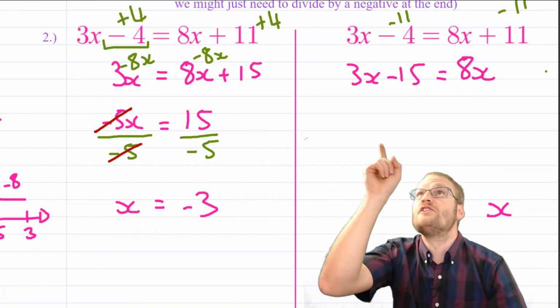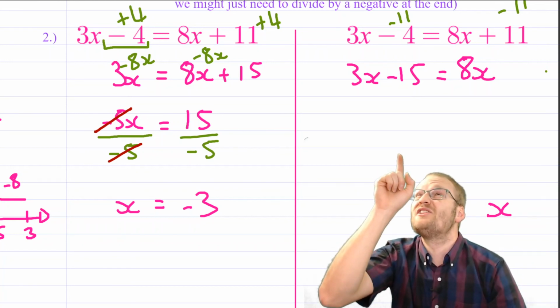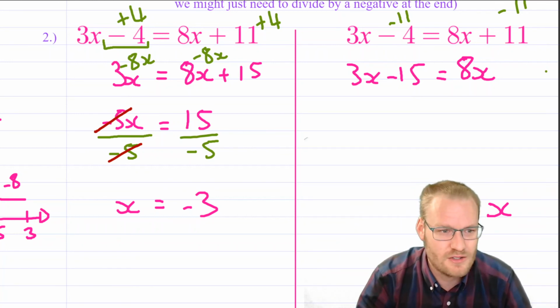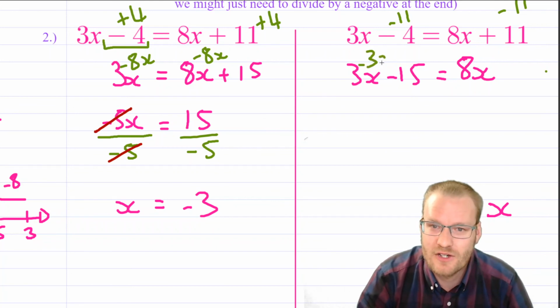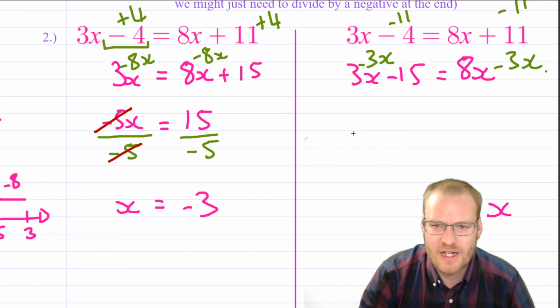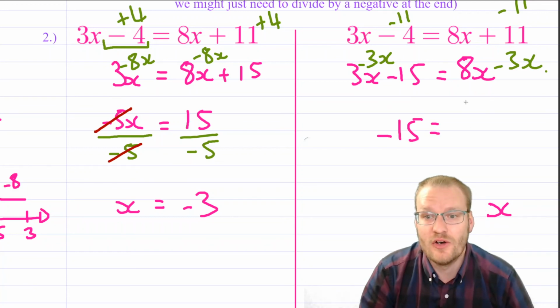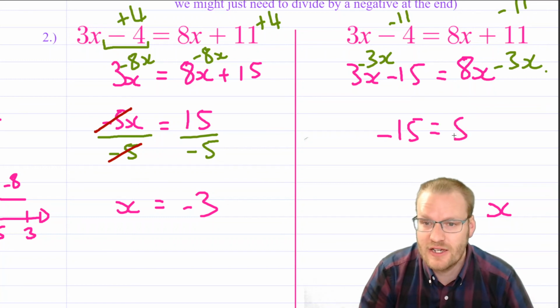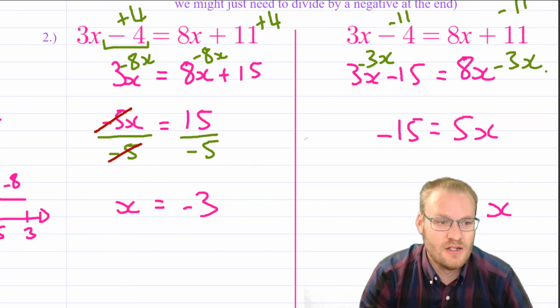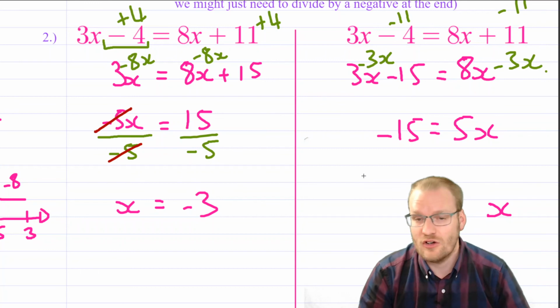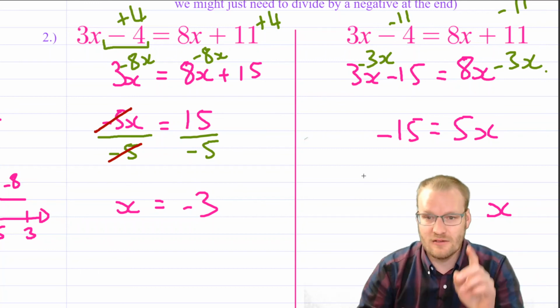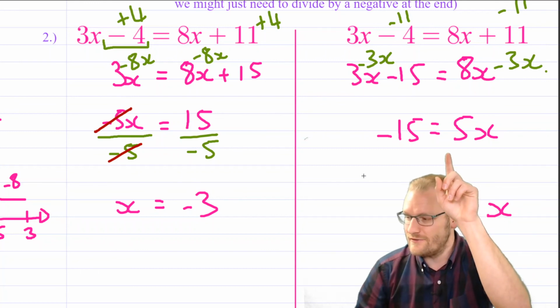So the 3x, what can we do to eliminate that 3x? Well, we can just subtract it. So minus 3x, minus 3x. On the left hand side, we've just got negative 15. On the right hand side, 8x minus 3x is 5x. Our same strategy is going to hold here. What's sitting in front of the x?